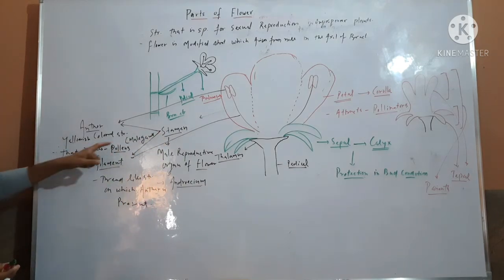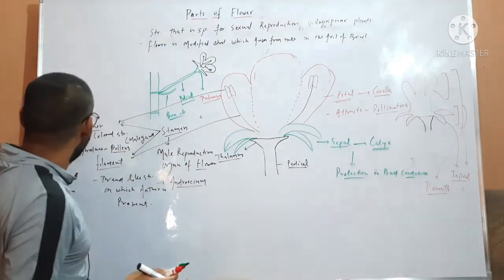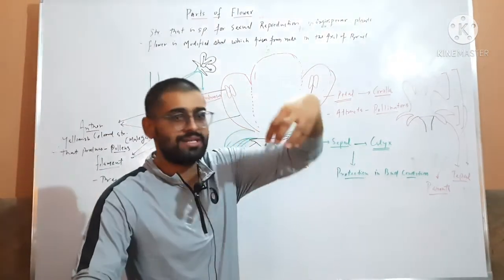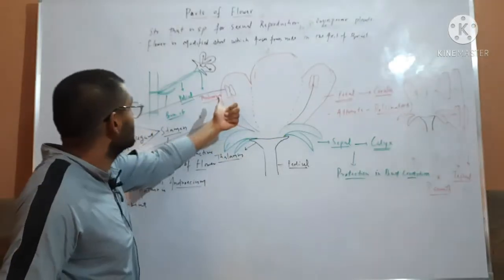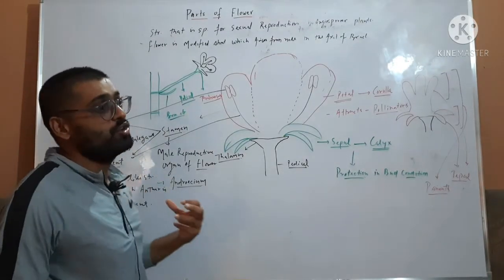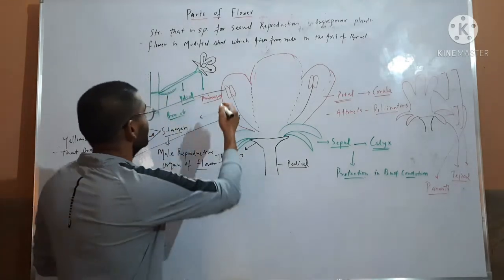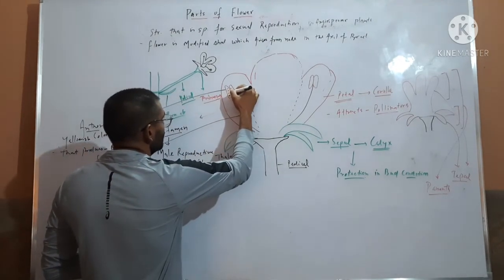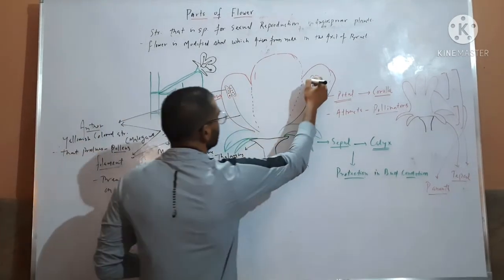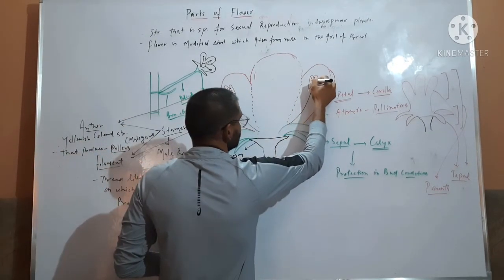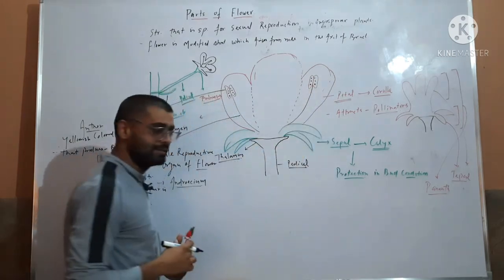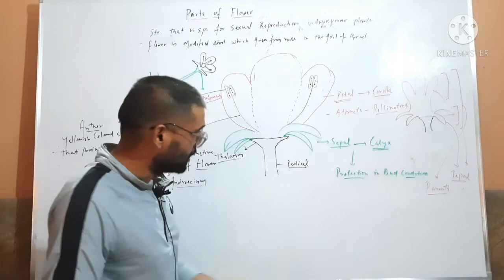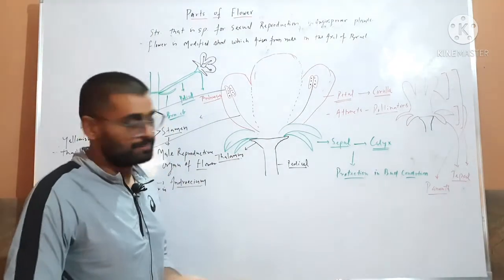So the stamen consists of two parts, anther and filament. Filament is a thread-like structure on which the anther is present, and the anther is meant for production of pollen grain. Here inside the anther, pollen grain will be produced, or you can say male gametes will be produced. It is a sac-like structure, and this sac-like structure will produce pollen grain and store pollen grain.